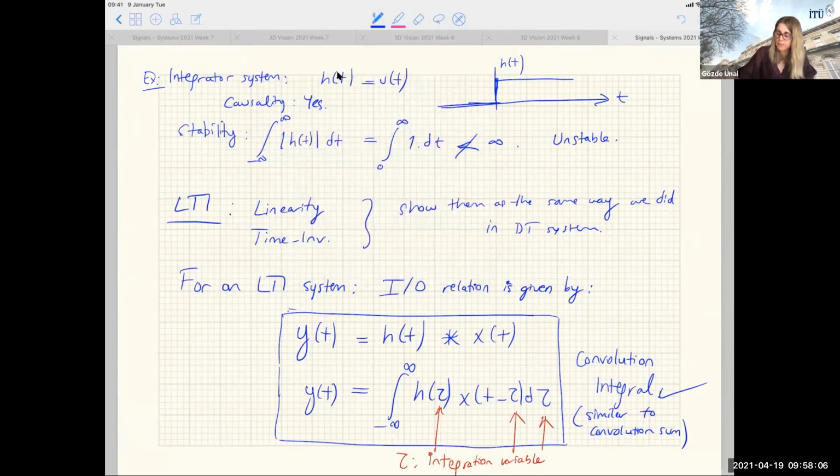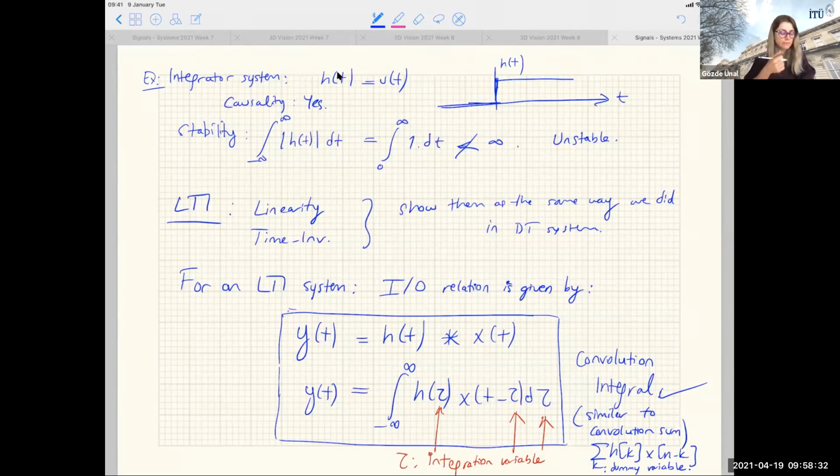Sum over k, h of k, x of n minus k. Similarly, k was that dummy variable there. Remember, that's the same thing. K was the dummy variable. Okay. So, guys, are we fine with this? It's the continuous version of the convolution sum, right?